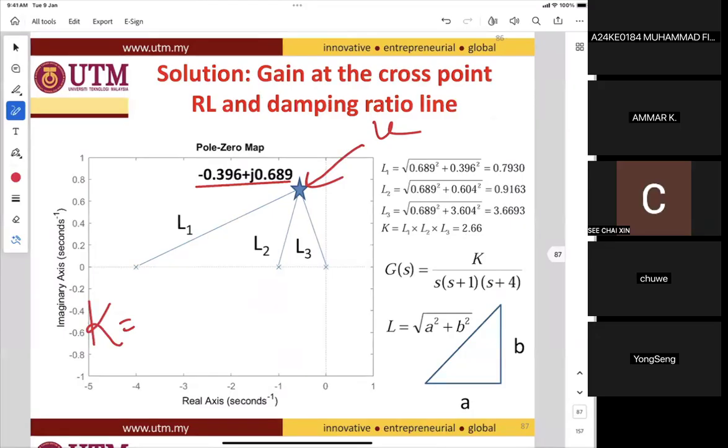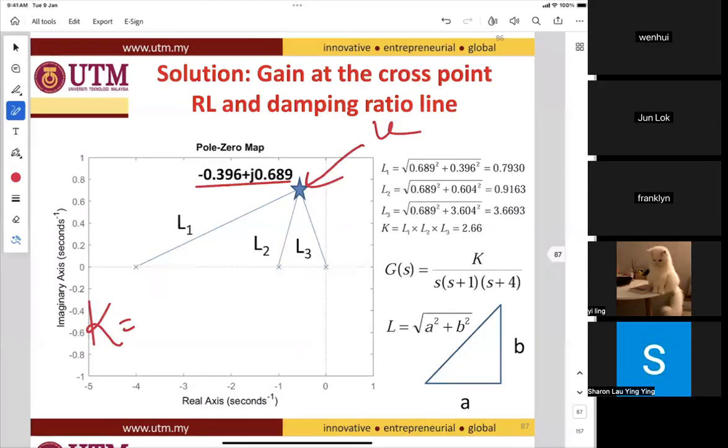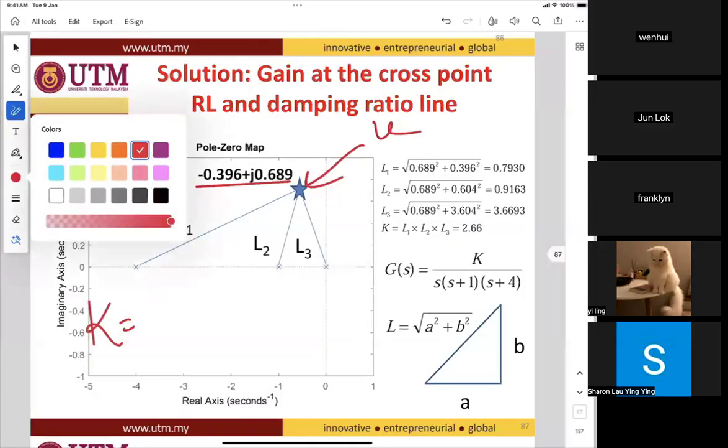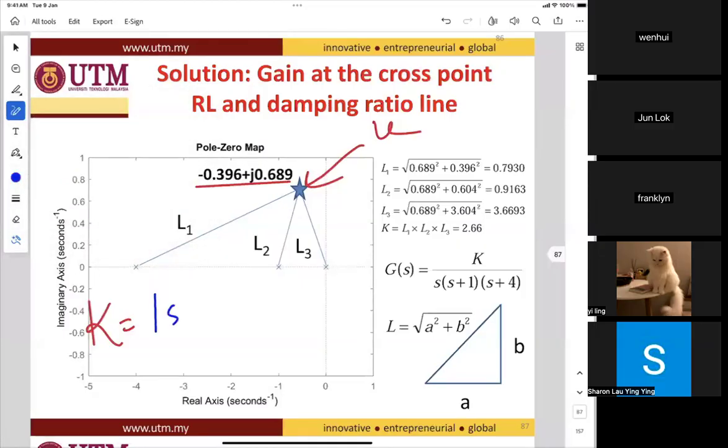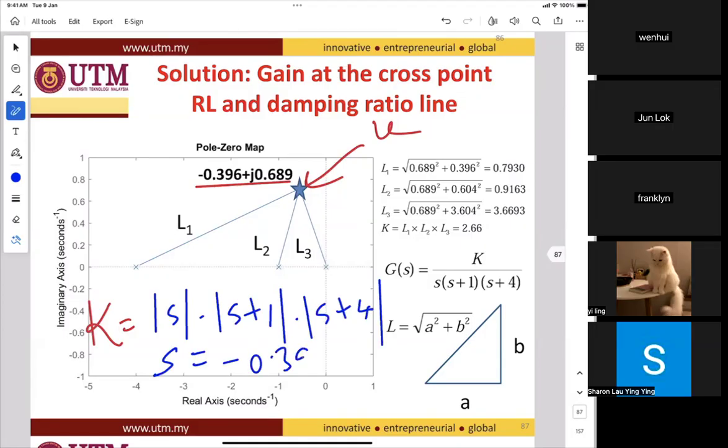Yong-Seng, what is the formula for gain K? Magnitude s plus 1, magnitude s plus 4, and replace with the value of the dominant poles.